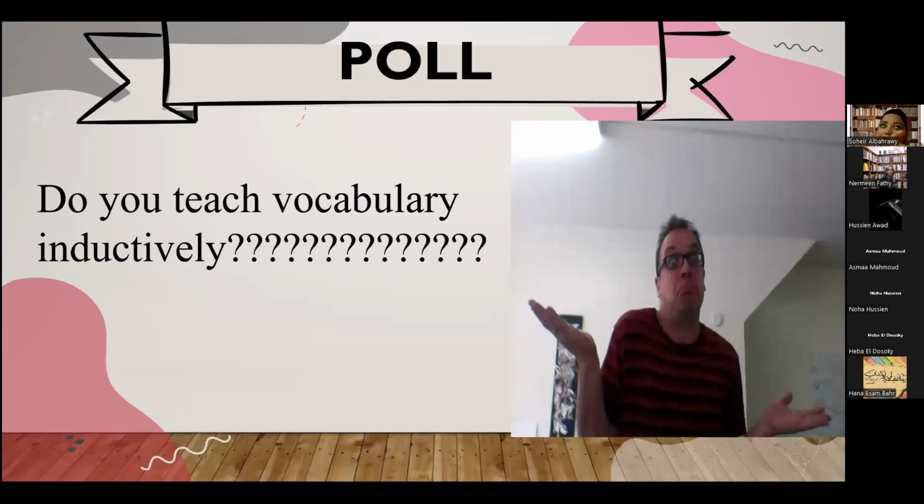If you don't know the method itself, or if you don't know how to define which type of method you use, you can write in the chat box, I don't know. Yes, we already have an answer. What is inductive? I'm not sure what inductive is, or what do you mean by inductive? I don't know. So please explain it. This is the topic of our session today. Yes, that's great.